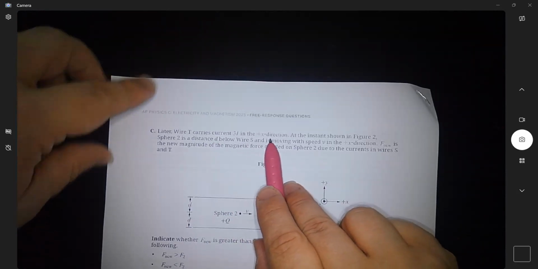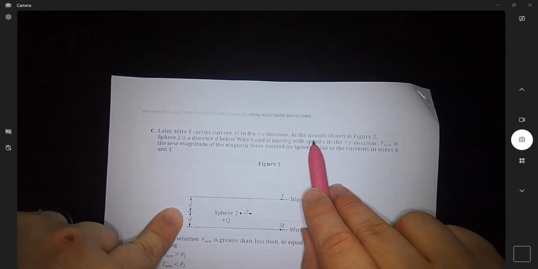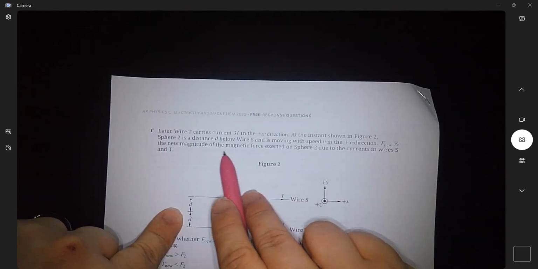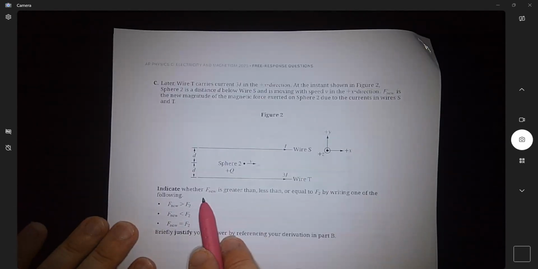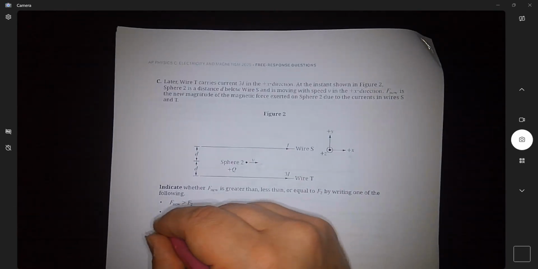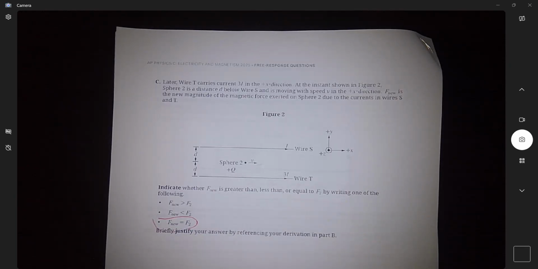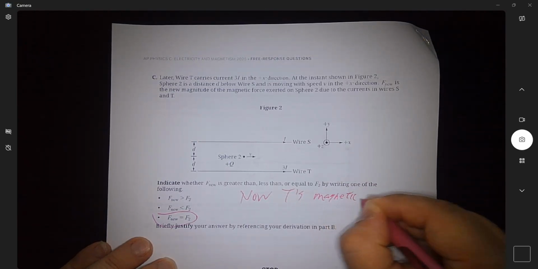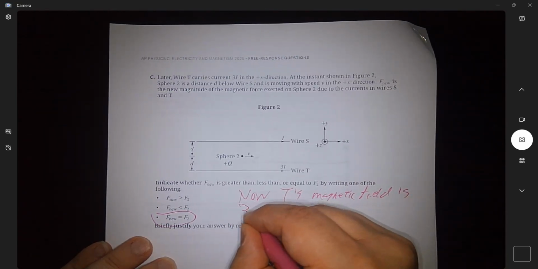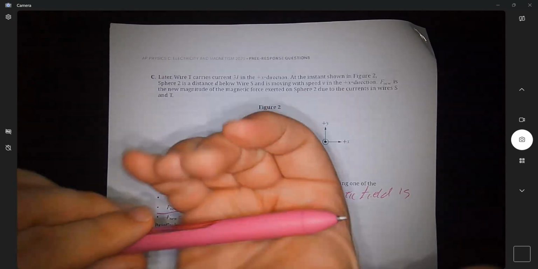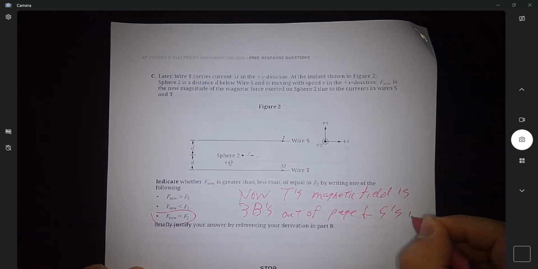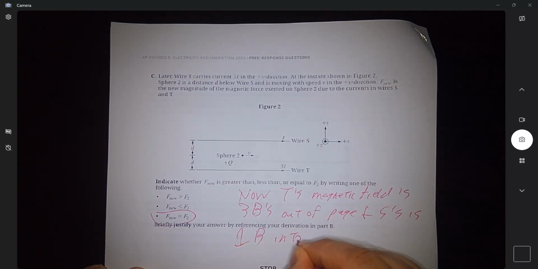Later, wire T has current 3I in the positive x direction, at the instant shown in figure 2. Sphere 2 is a distance d below wire S, with speed v of a new magnitude. Is the new force, I think the new force is the same as the old force, and here's why. Because now T's magnetic field is 3B out of the page, and S's is 1B into the page, right?